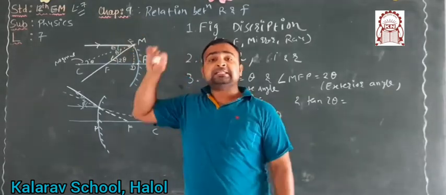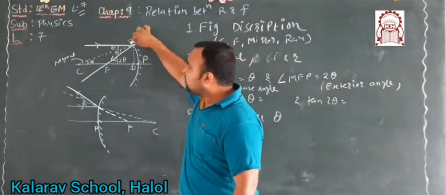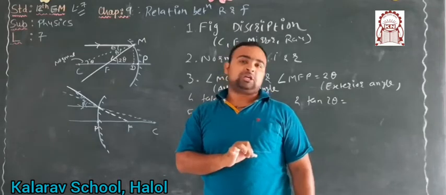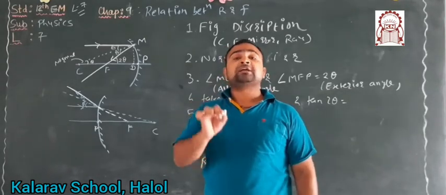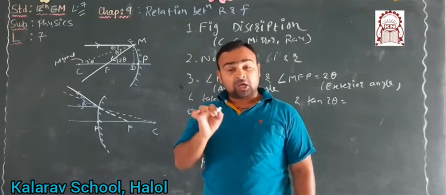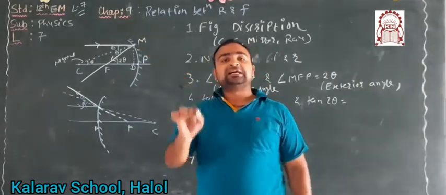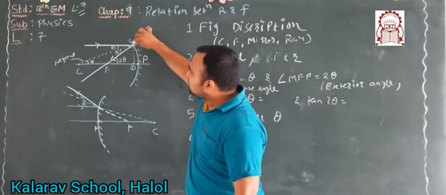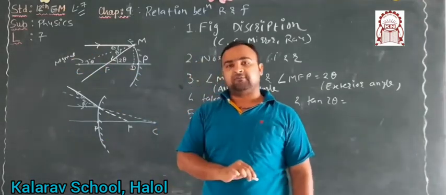Now here we have to define the angle theta, that means the incident angle and the reflection angle. For that you need the normal. How can you draw the normal? Take any point on the mirror as the incident point and join that point with C, where C is the center of curvature.